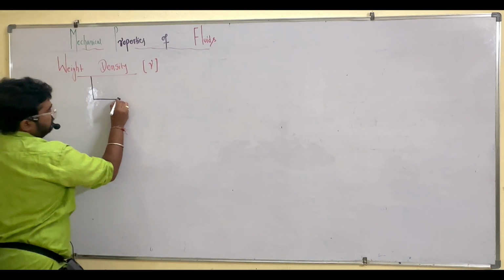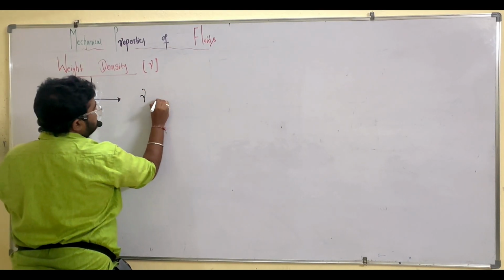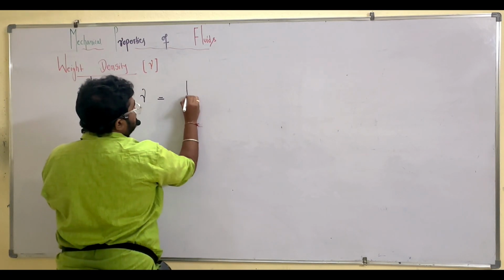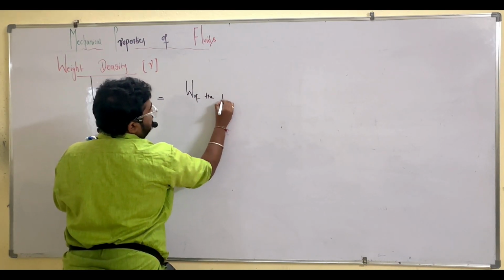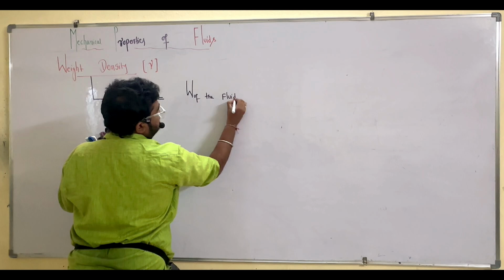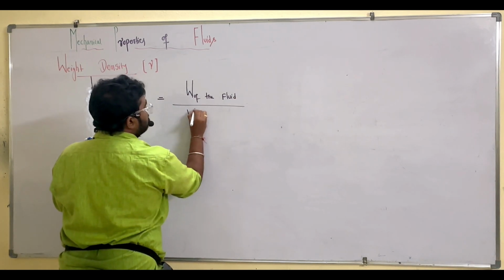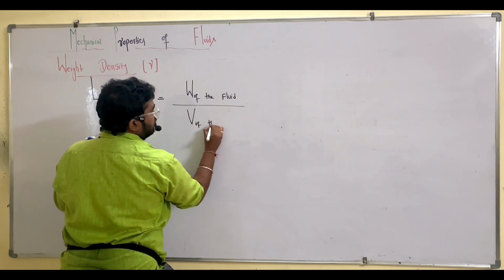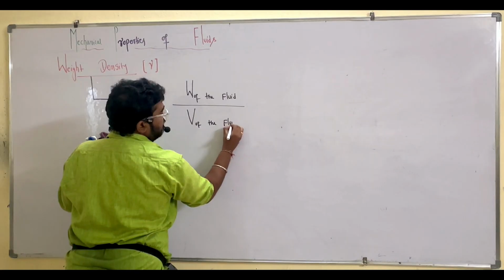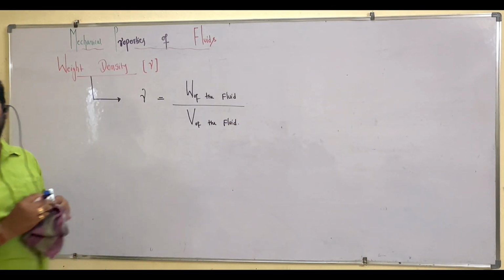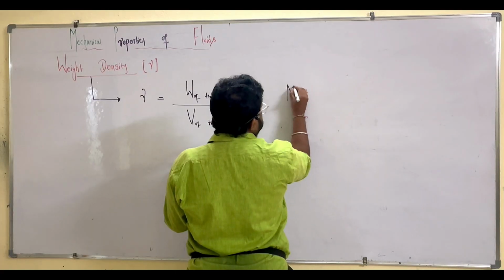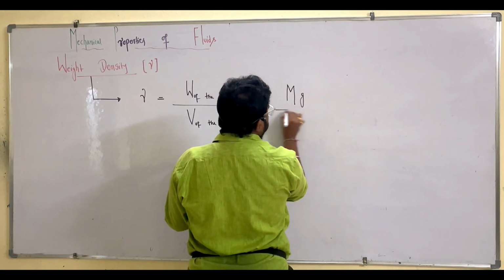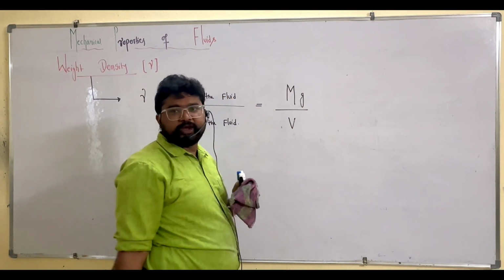Gamma equal to weight density, weight of the fluid by volume of the fluid. How can we write the weight of the fluid? Mass of the fluid into G by volume of the fluid.